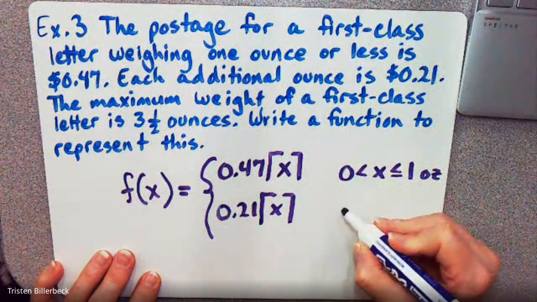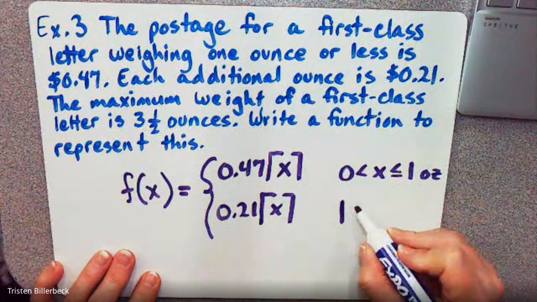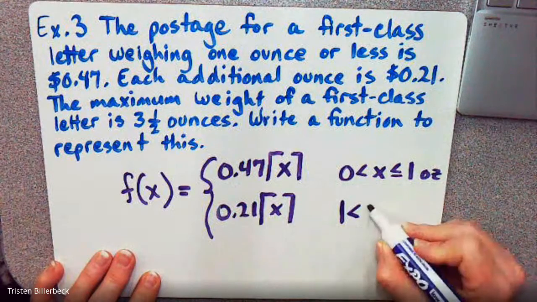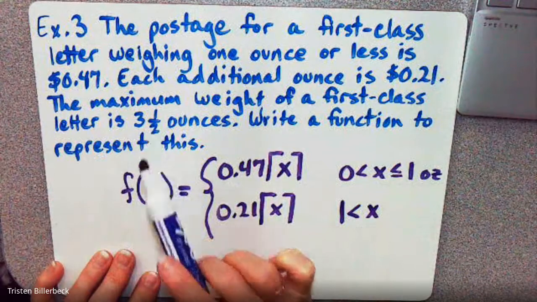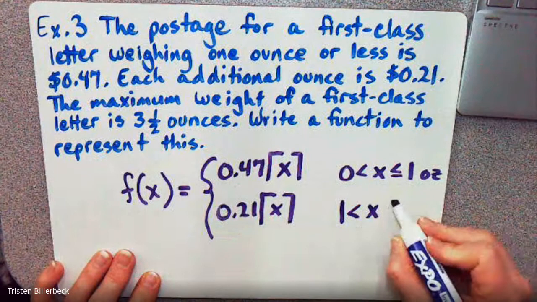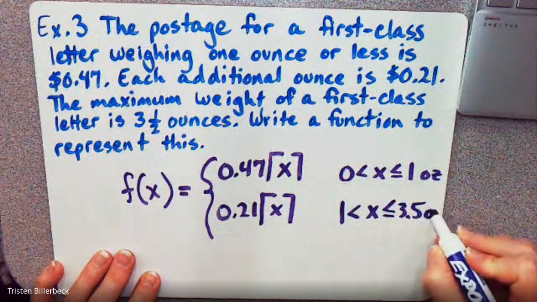So our domain is going to be between 1 for the x, and then it says that the letter can't be more than 3.5 ounces. So it can be less than or equal to 3.5 ounces.